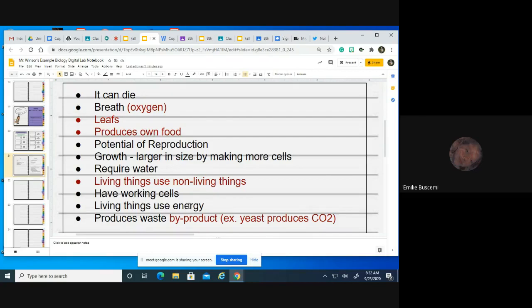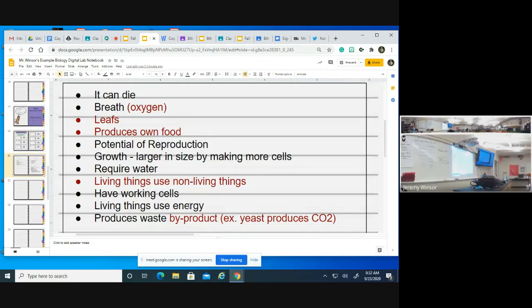In the chat, I put that bacteria can make their own food, but viruses can only get food from external contamination. So that might be another way of saying that viruses are not alive and bacteria might be, because bacteria can make their own food and they can survive on their own, whereas viruses can't.